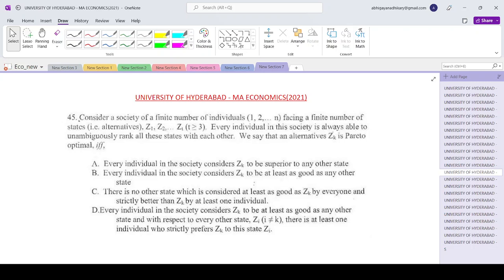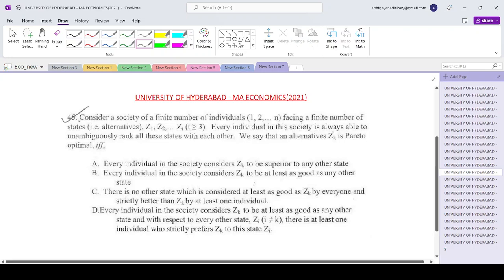So moving on to another question of the same paper, University of Hyderabad Economics 2021, question number 45. Consider a society of a finite number of individuals 1 to n facing a finite number of states, alternatives z1, z2, zt, t greater than or equal to 3.